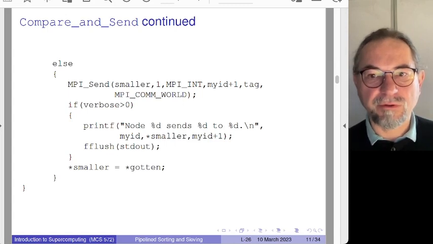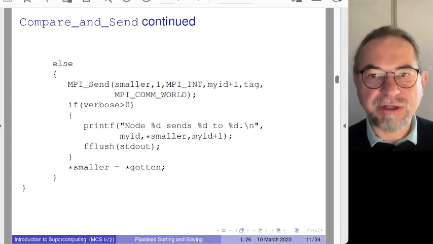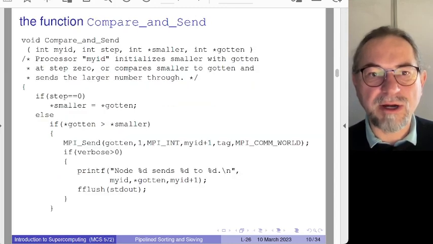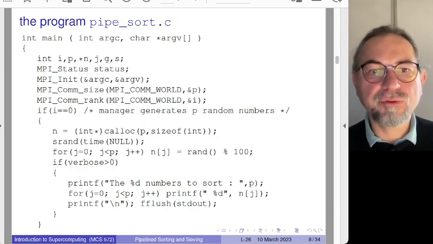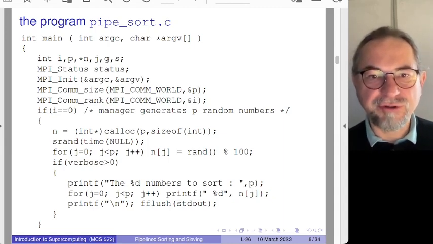In order to fully comprehend the code, one should actually look at the entire program, and in particular re-examine the declarations. So we have the indices I and J. I is the identification number of every processor.